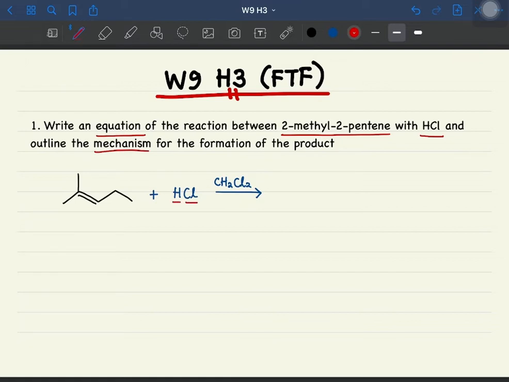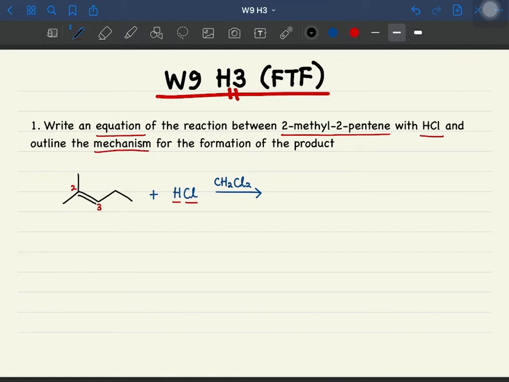So means we are going to do these electrophilic additions. So again, if we have HX added to the alkene in inert solvent, means the hydrogen will follow the Markovnikov rules. They are going to be added at the carbon with more number of H, which in this case is carbon number 3. So carbon number 2 is the carbon that the Cl is going to be added to.